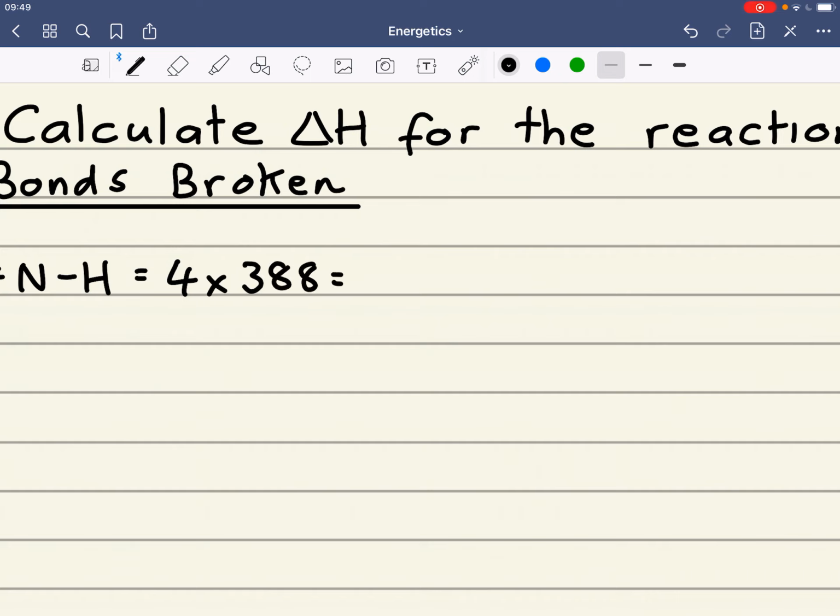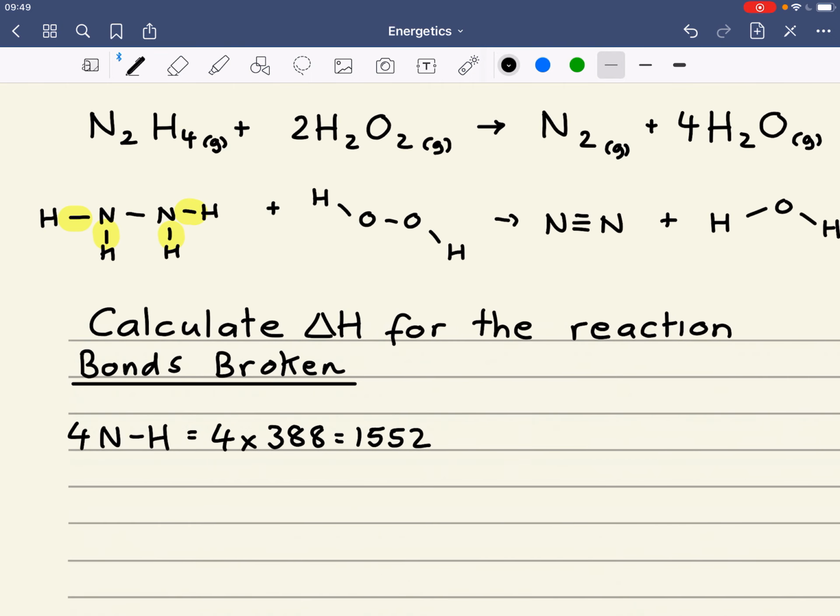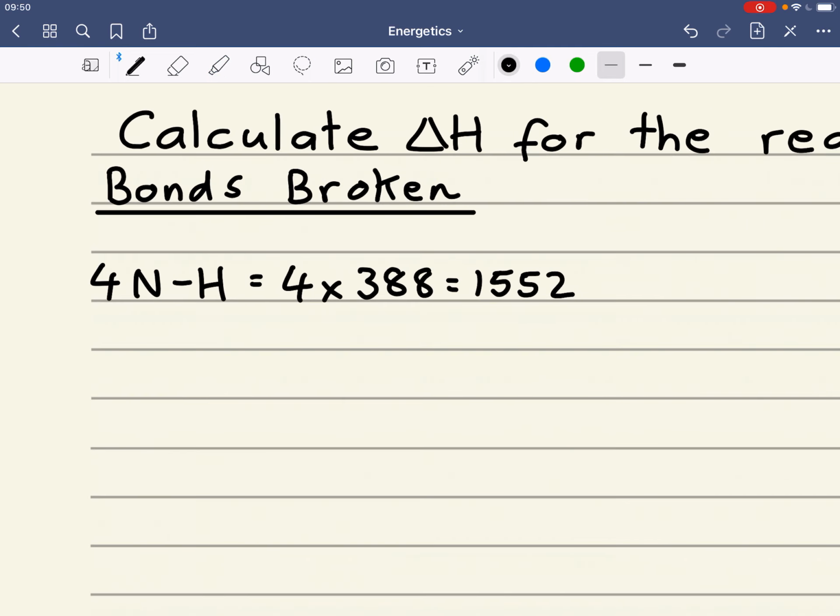When you worked it out, you end up with 1552. You can see that we've got an N-N bond there, so that's 1 N-N. And that is equal to 1 times 163, which is obviously 163.